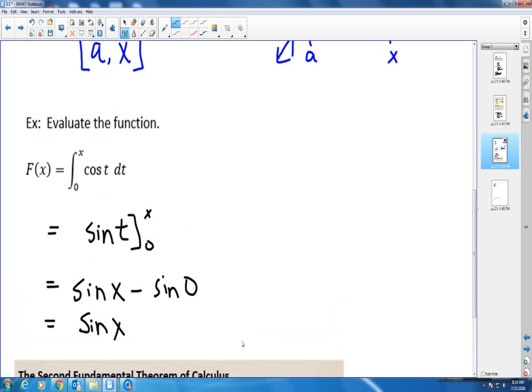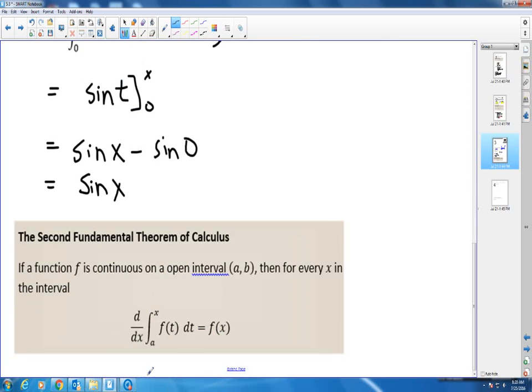Because if I ask you to take the integral of cosine of x dx, that will eventually become sine of x. That's what this is trying to tell you.